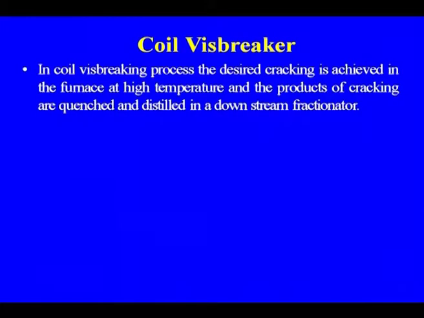Now, in the coil visbreaker, which is without a soaker, the desired cracking is achieved in the furnace at high temperature, and the products of cracking are quenched and distilled in downstream processes. Here no soaker is provided; whatever cracking reaction takes place, takes place in the furnace.